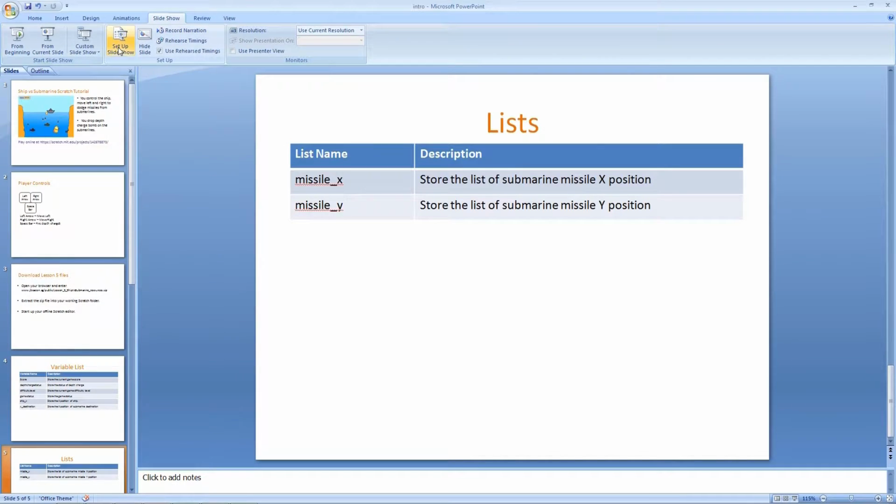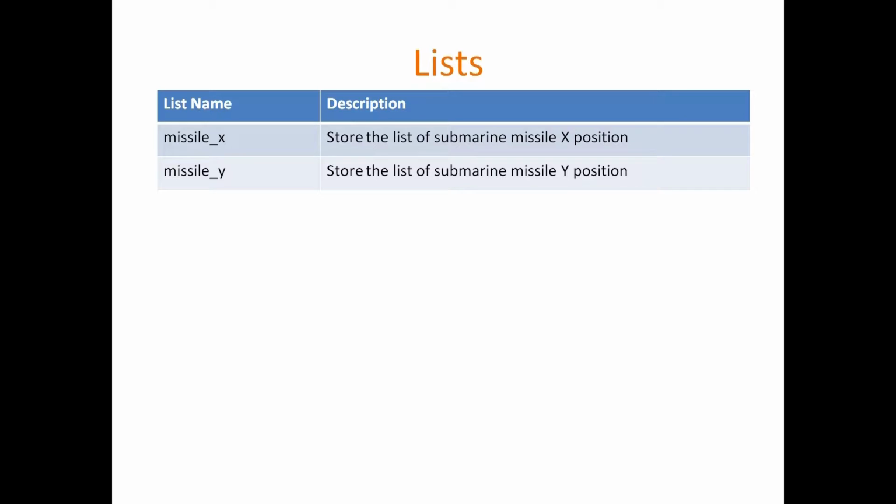And next we have a new data structure called a list, which is used in Scratch to store a list of information. I will have two lists, one called missile_x and the other called missile_y. The missile_x would store the list of submarine missile X positions, and the missile_y stores the list of submarine missile Y positions.